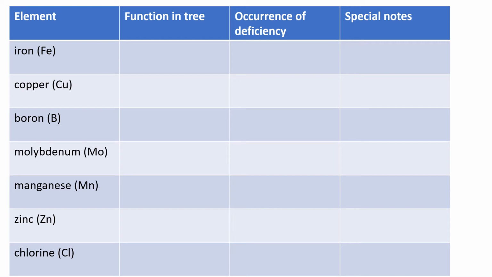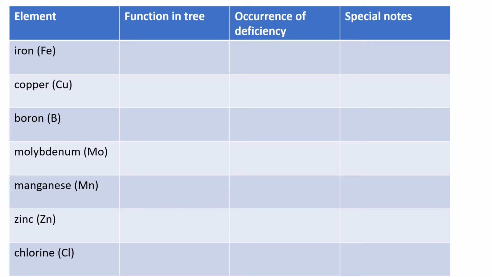In addition, what I said previously about crop plants is very much so here, in that we understand very little about the functions of micronutrients specifically in trees. Most of the research on these micros has been done in crop plants.